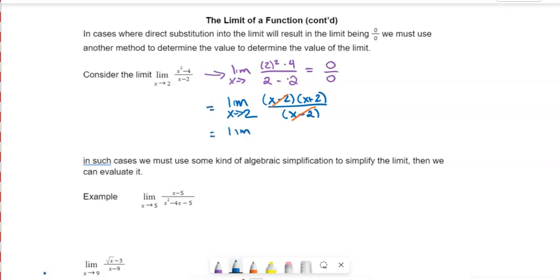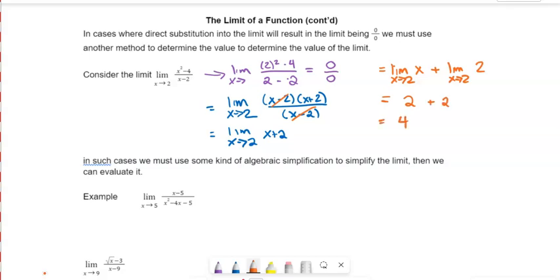And then I'll have the limit as x approaches 2 of x plus 2. After this, I can use properties of limits to understand that that's actually the limit as x approaches 2 of x plus the limit as x approaches 2 of 2, which is 2 plus 2, which is 4.